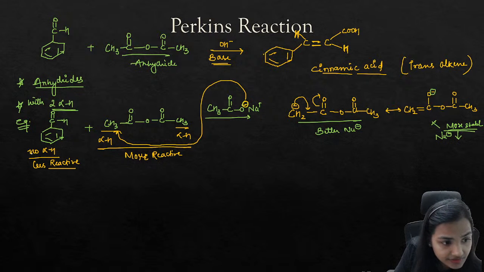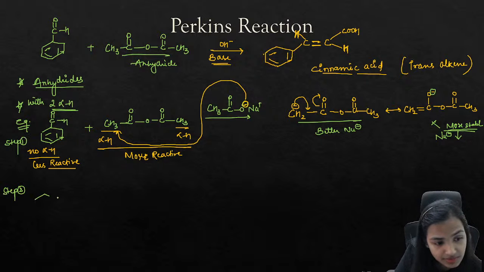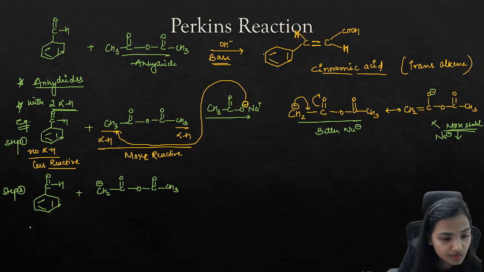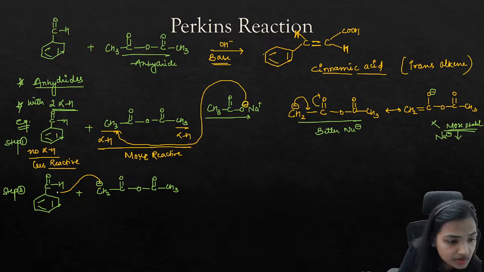Now in step number 2, what will happen? In step number 2, we have benzaldehyde. Now this part will react with this species, this as a nucleophile. This will do the nucleophilic addition mechanism.